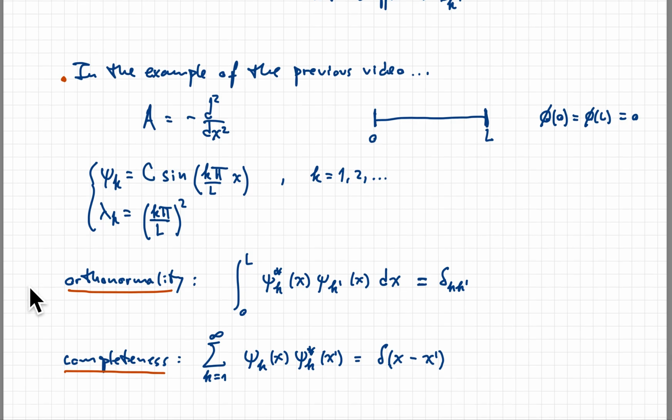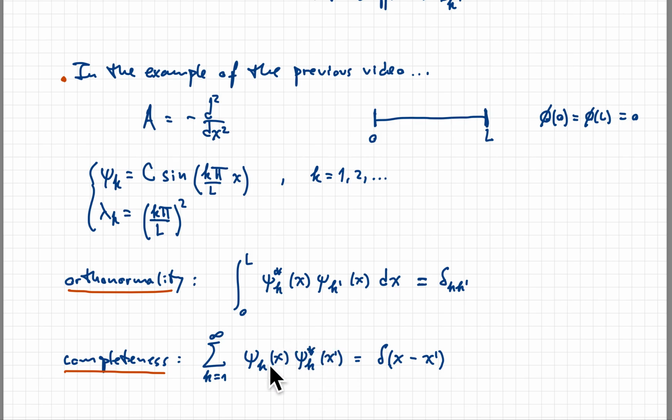It's a sum, as we saw before. It's a sum over the index on the eigenvector itself, not the element of the eigenvector, in other words, the index that runs over the different eigenvectors, not the index that runs over the elements of a given eigenvector. And so completeness here reads as the sum from k equals 1 to infinity of psi k of x, psi k of x prime.